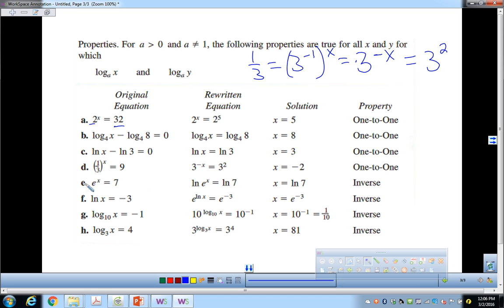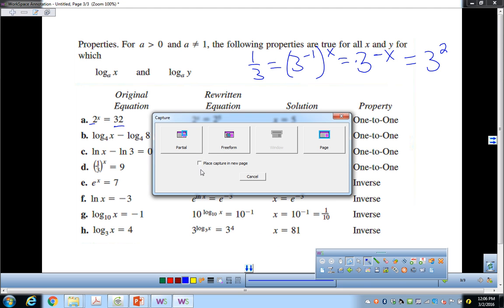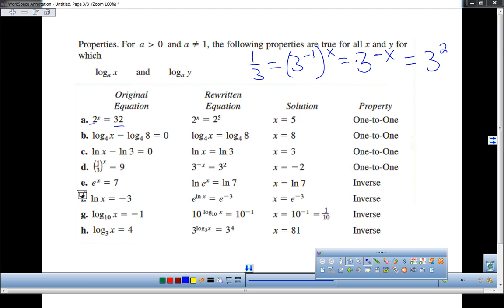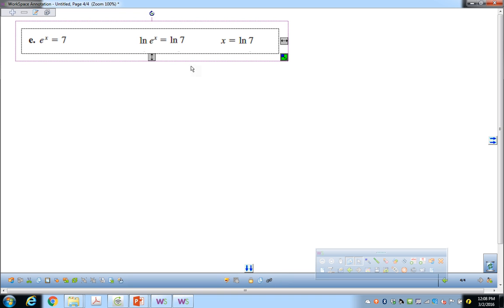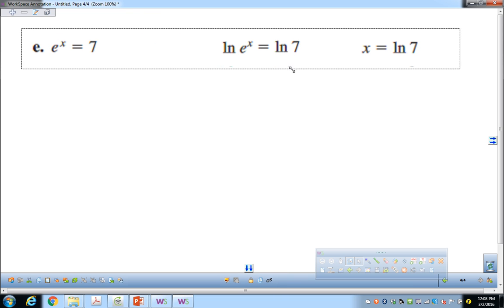Over here, let me explain this a little bit more, okay? Let me show you what they're doing here. They're taking the log of both sides.